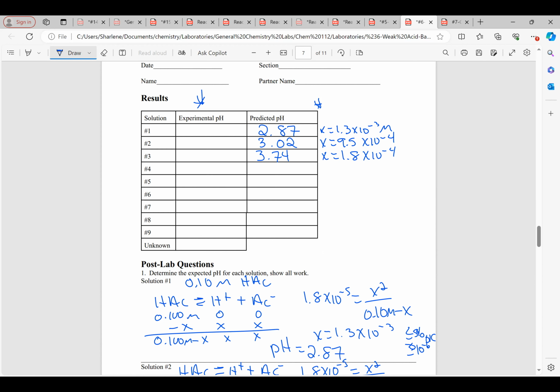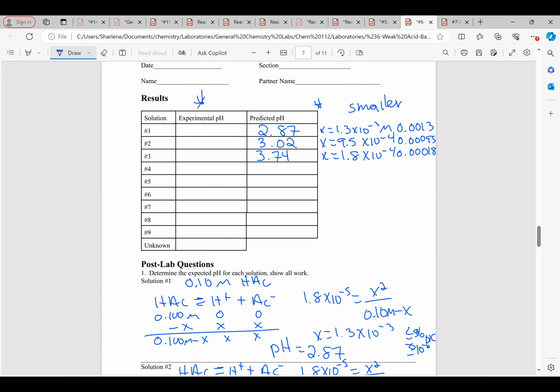If you will notice, this is 0.1213. This one is 0.12395 and 0.12318. Those X's are getting smaller.